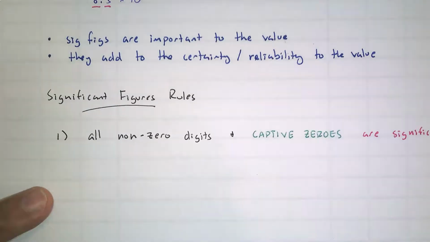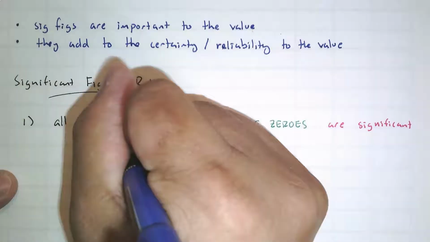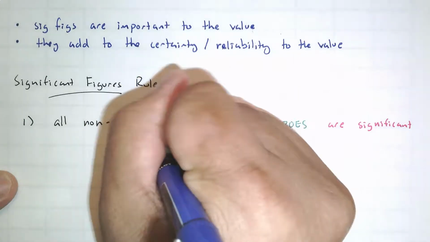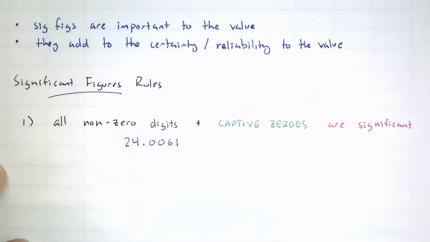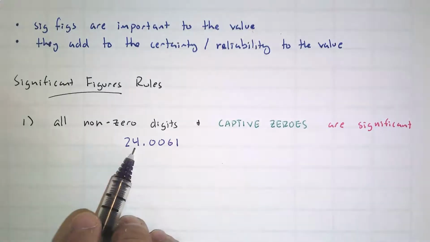Very simple example: 24.0061. Going from left to right, non-zero, non-zero, significant.